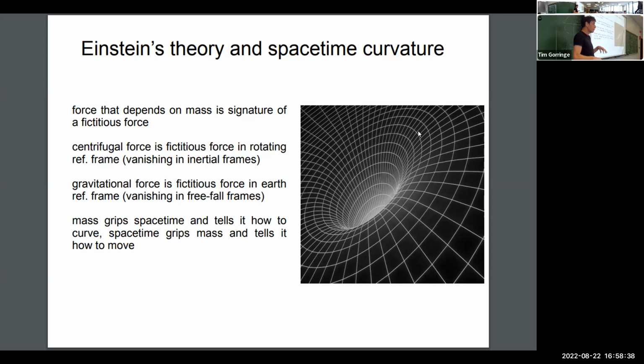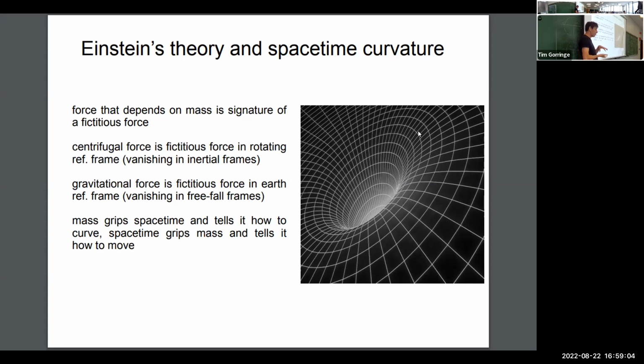So the gravitational force is actually like that centrifugal force. It's a fictitious force in the same sense. We experience the gravitational force because we're in the Earth's reference frame.